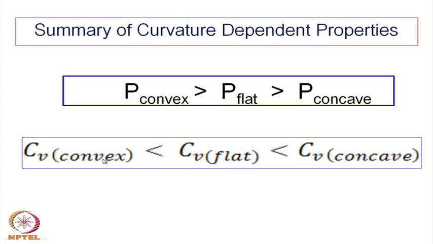Here it is the reverse: the vacancy concentration on the convex is less than the flat, and that is less than the concave. So here concave is the highest, whereas there convex is the highest. The order is different.